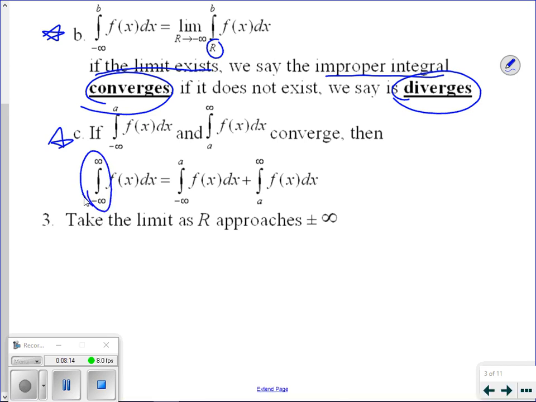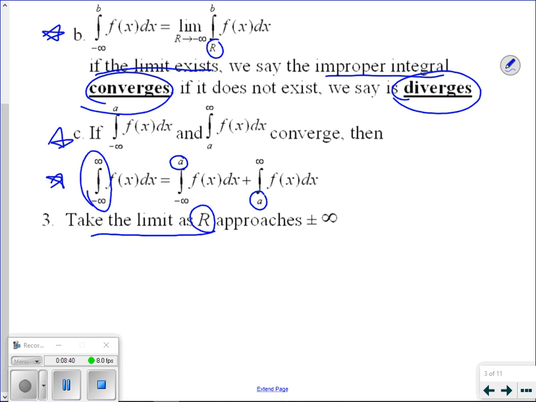You can't really say negative r to r. You have to split it up at some numerical value a, and compute two separate integrals. We'll see an example later. Once you split it up, you just take the limit as r approaches positive or negative infinity, and you have your answer.